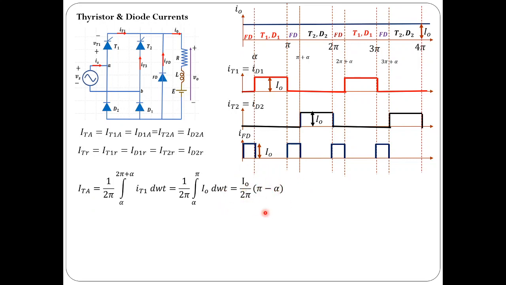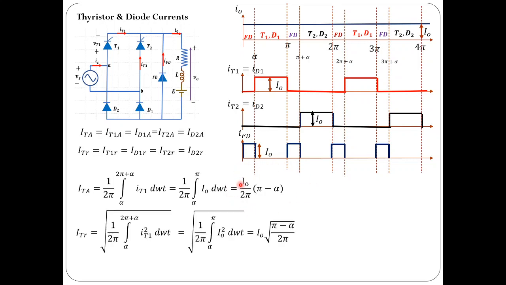So this is the thyristor average current. Similarly, for thyristor RMS current, use this formula. You have to square the thyristor current, take its mean and apply square root. So you get I naught into square root of pi minus alpha by 2 pi. So this is the value of thyristor RMS current, assuming that load current is ripple free.